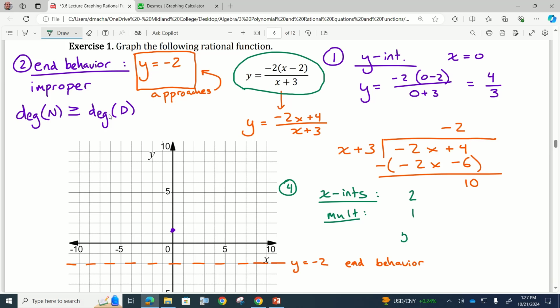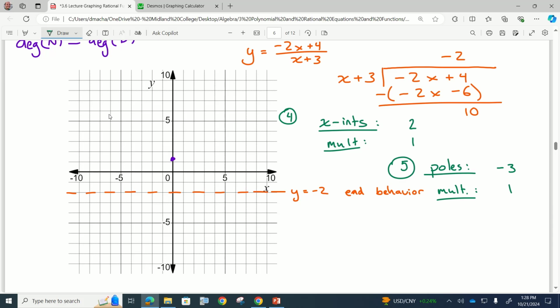And then step number 5 says, what about my poles? Those are the roots in the denominator, and you're right, that's negative 3. And the corresponding multiplicity is 1. Now we're ready to graph. And this is how it looks to graph.